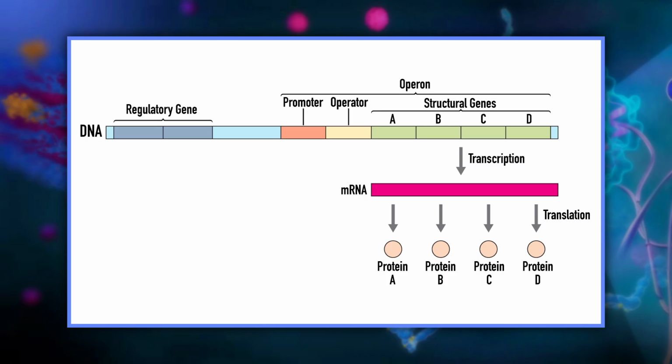Why use Shine-Dalgarno sequences? Bacterial genes are often transcribed in groups called operons, so one bacterial mRNA can contain the coding sequence for several genes. A Shine-Dalgarno sequence marks the start of each coding sequence, letting the ribosome find the right codon for each gene.